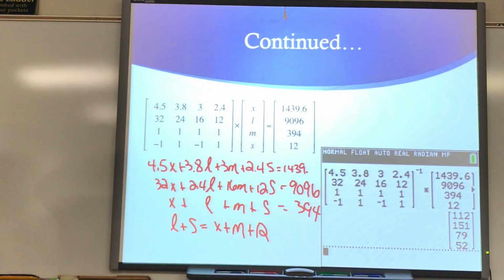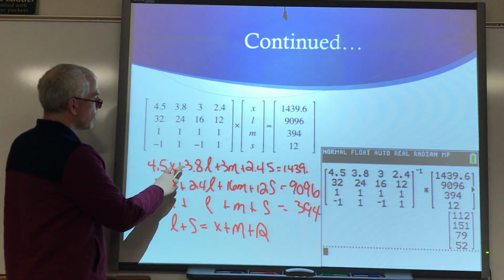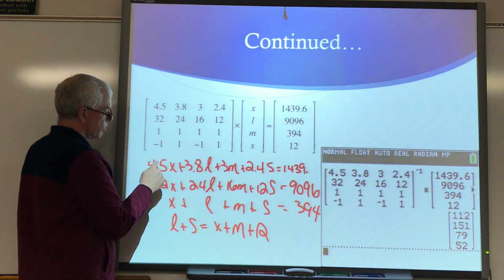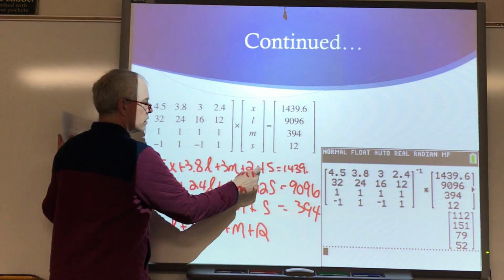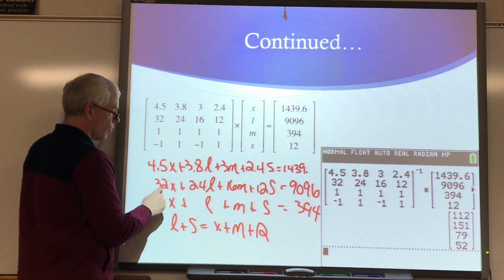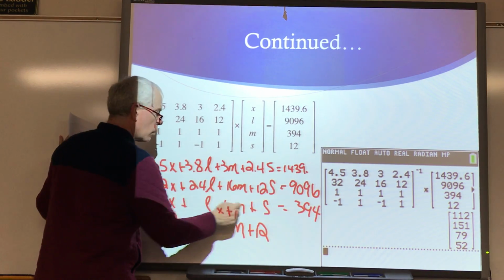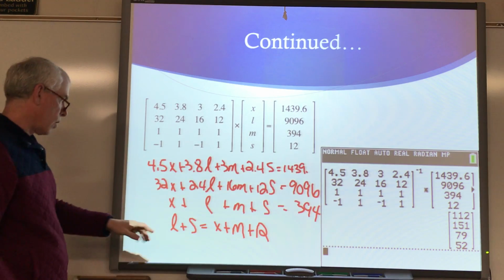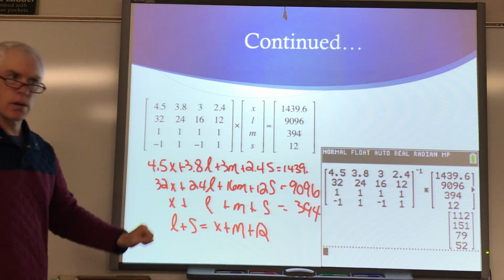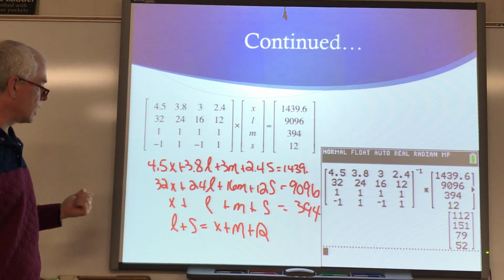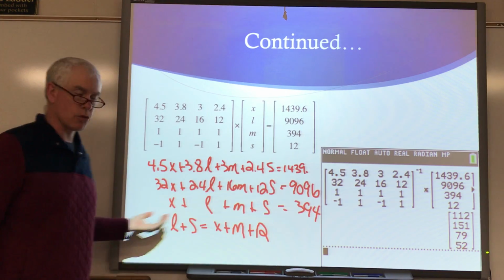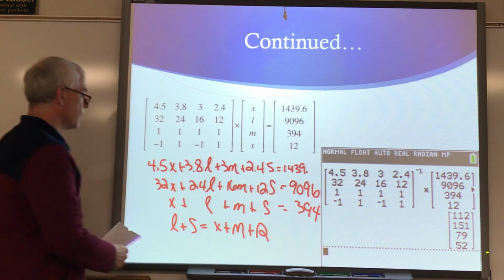Well, I need 4 equations, 4 unknowns. So the first row of my coefficient matrix is going to be 4.5, 3.8, 3, and 2.4. The second row, 32, 24, 16, and 12. The third row, 1, 1, 1, 1. Now for the fourth row, I need to get the variables on the right side over to the left side, so I need to subtract the x and subtract the m, and put them in the right columns.